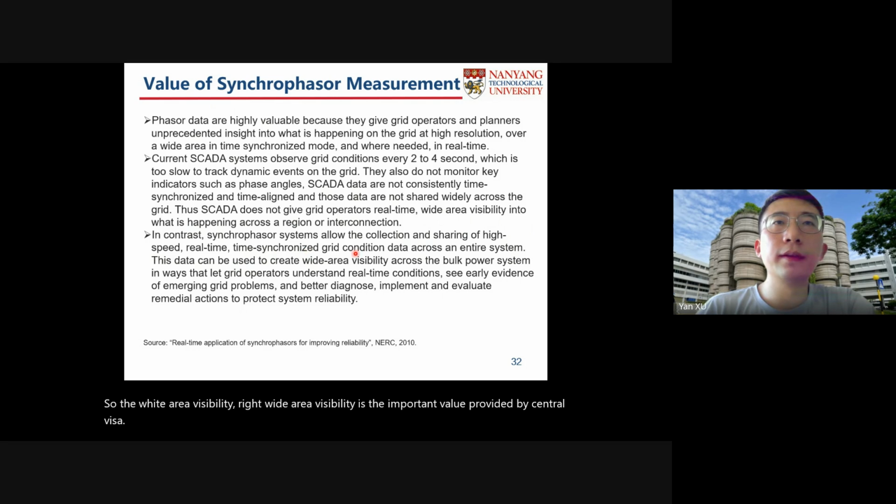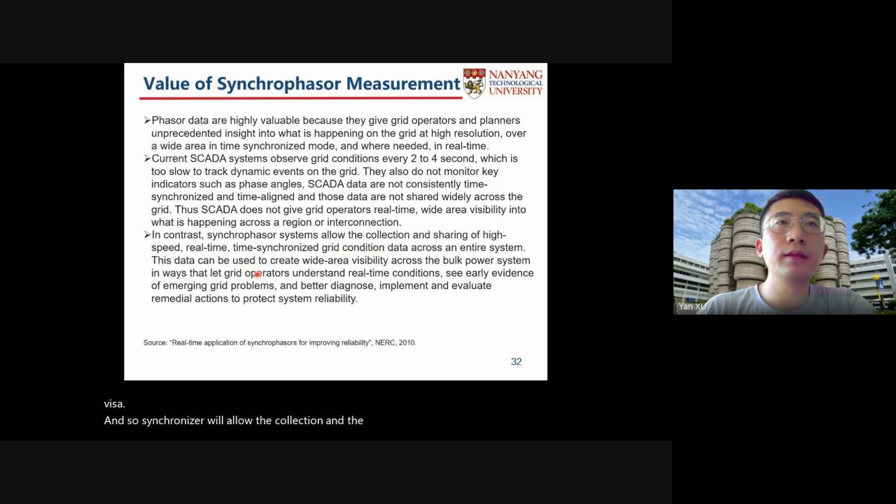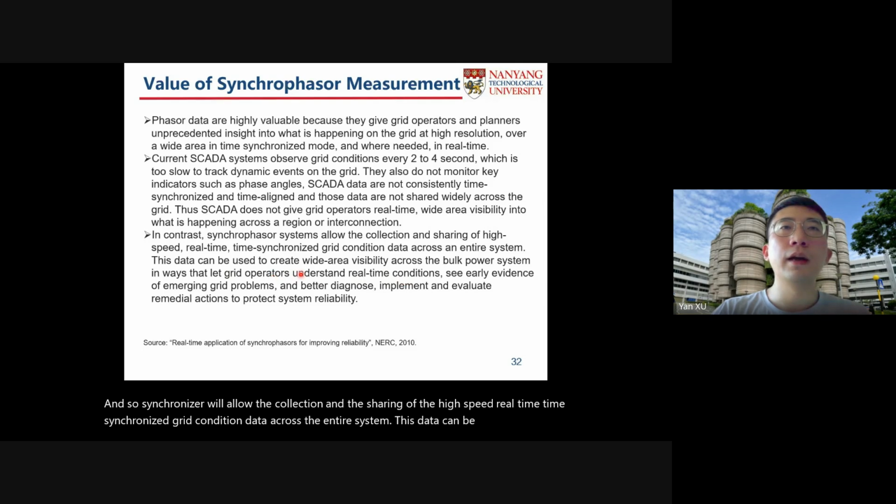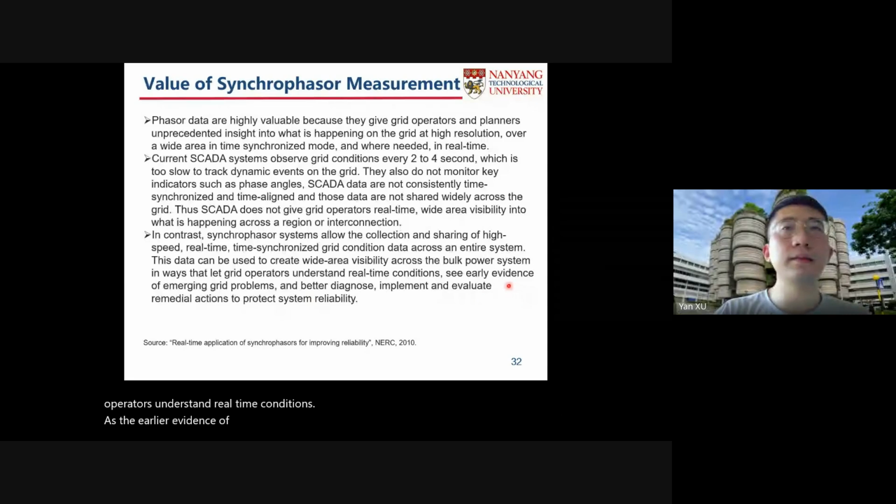Synchrophasors allow the collection and sharing of high-speed, real-time, time-synchronized grid condition data across the entire system. This data can be used to create wide area visibility across the whole bulk power system, in ways that let grid operators understand real-time conditions and see earlier evidence of emerging grid problems. This is very important.